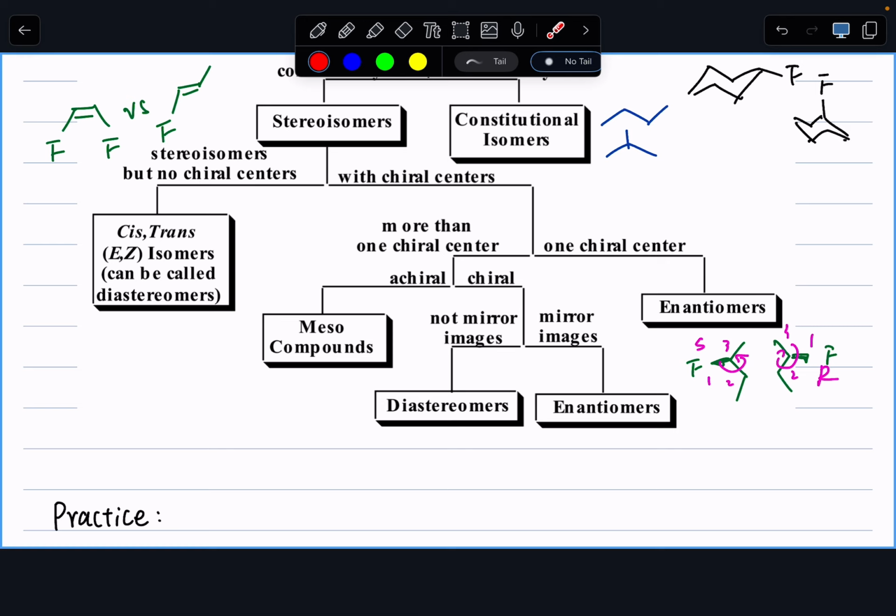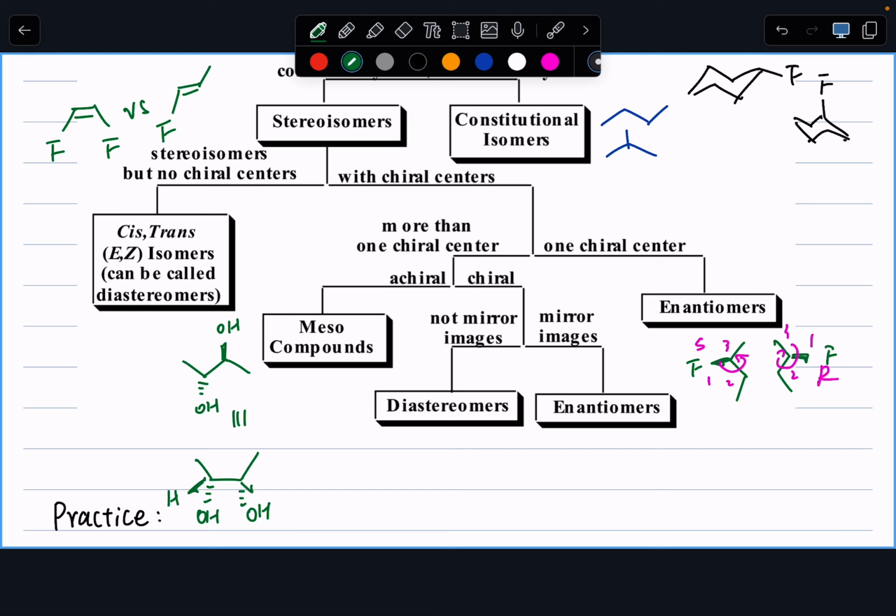So if we draw it in this way, what we end up getting is, well, 1, 2, 3, OH dashed in, OH wedged out. We have two chiral centers in this molecule, but if we change its conformation into drawing it like this, that equals my CH3, and then all my OH dashed in.